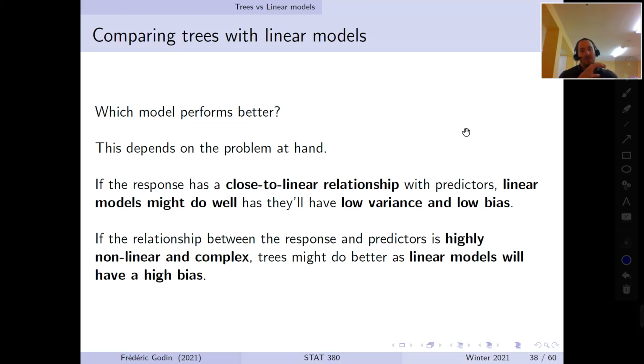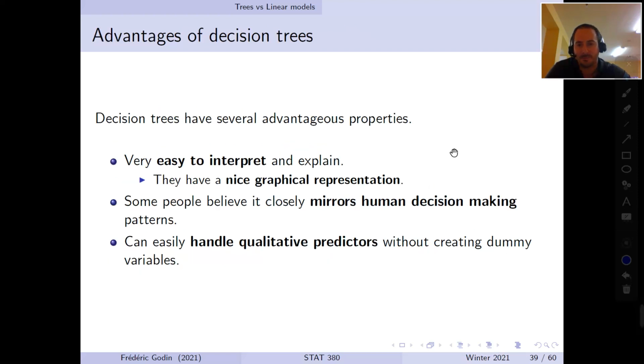The best model really depends on your application and your given problem, and each problem has different shapes of patterns linking the predictors and the response. Depending on the shape of the pattern, you might favor either one or the other class of models.